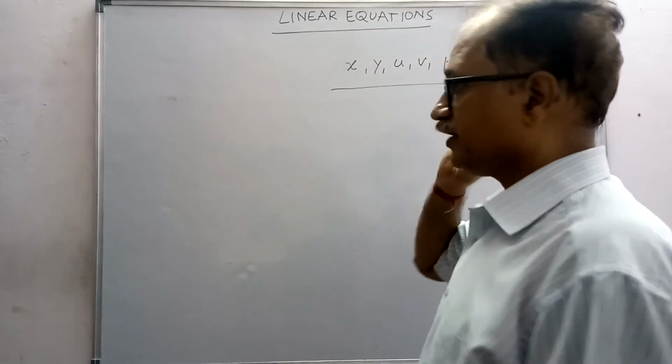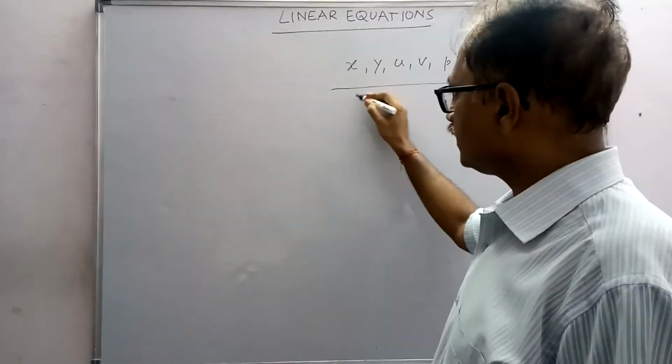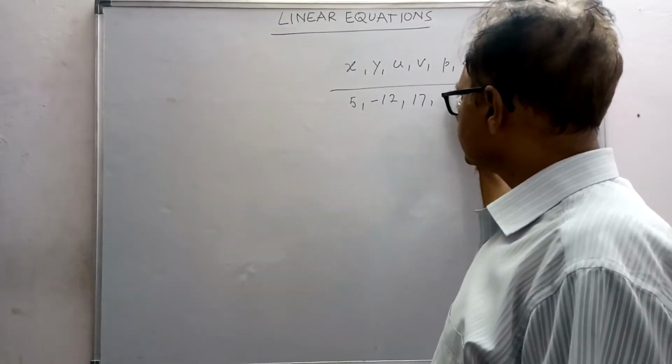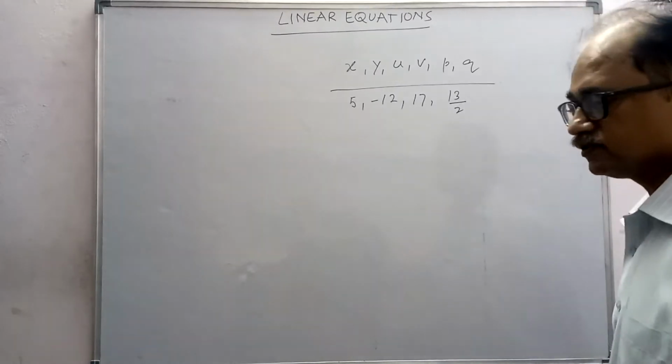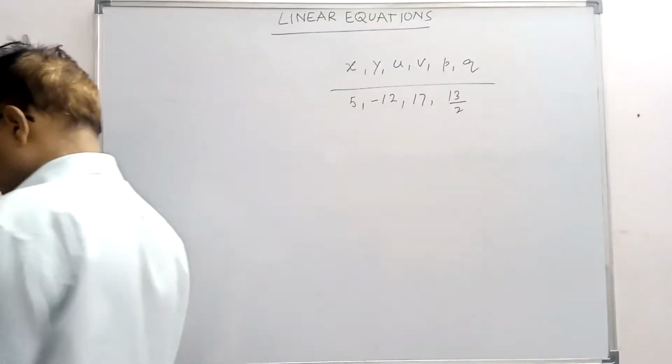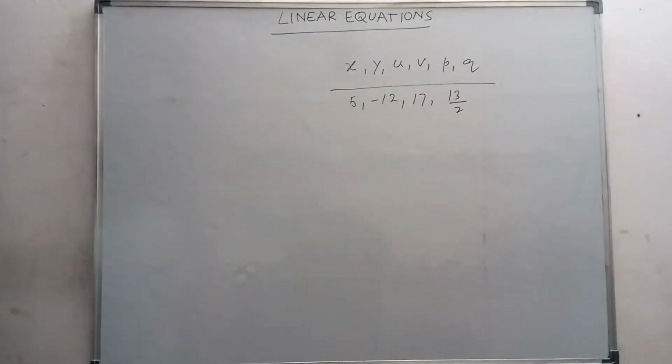And constant numbers, say 5, minus 12, 17, 13 by 2, these are all constants. Their values are fixed.